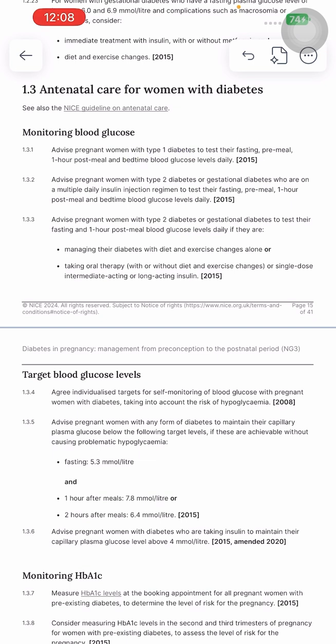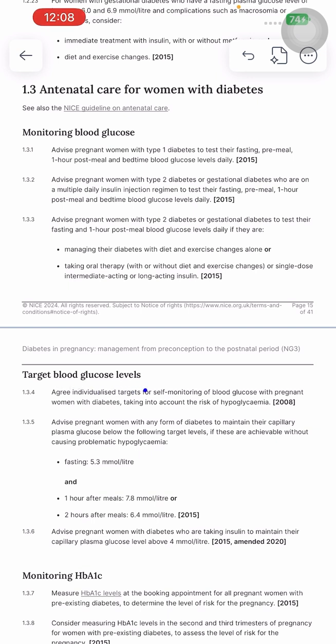In every case of type 1 diabetes, whether controlled or uncontrolled, if she is at home, she should maintain her pre-meal, 1 hour post-meal and bedtime blood glucose levels daily. So these are the differentiating points on how to monitor blood glucose level in a patient with type 1, type 2 or gestational diabetes mellitus.